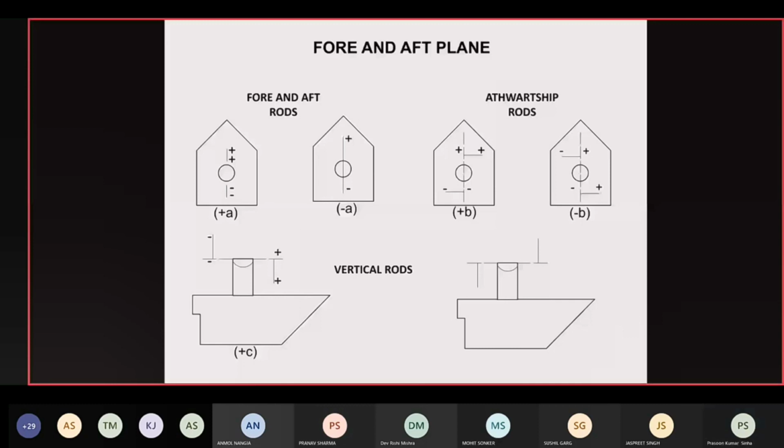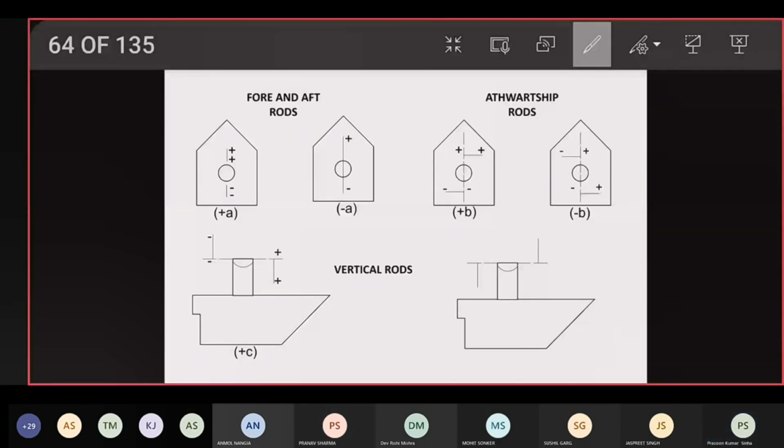So naturally, the forward rod, if we see, the one end which is level with the compass is positive because it is forward. The other end is above, that is by negative. The aft rod, the end which is level with the compass, closer to compass, is aft of this, that is by negative.